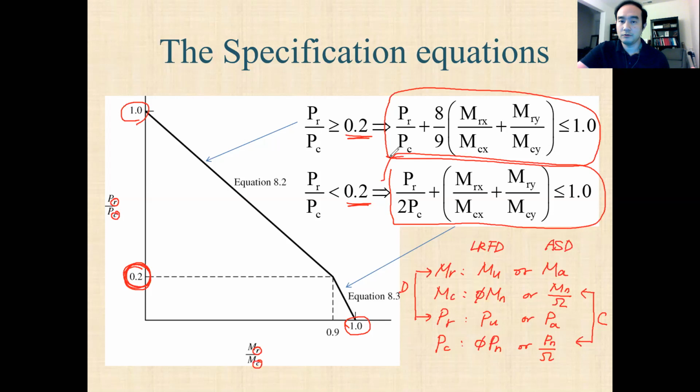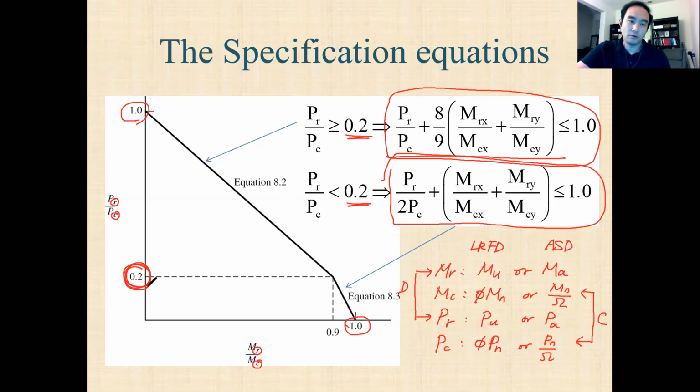If you calculate this ratio and follow the equation, if the value is less than or equal to 1.0, that means your beam column is okay. Your capacity is larger than demand. Otherwise, you're out of this domain, which means your capacity is less than your demand. And the same thing here.